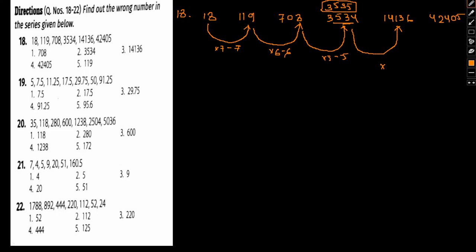So it will be into 4 minus 4. Similarly, if we further calculate, into 3 minus 3. So yes, this term is the wrong term over here, 3534. So option 2 is the wrong number in the series.